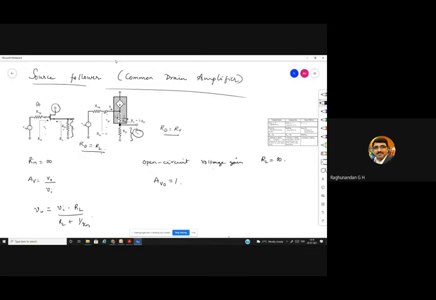If you want this to be equal to 1, then obviously your RL should be equal to infinity. So that's why we are taking RL as infinity.